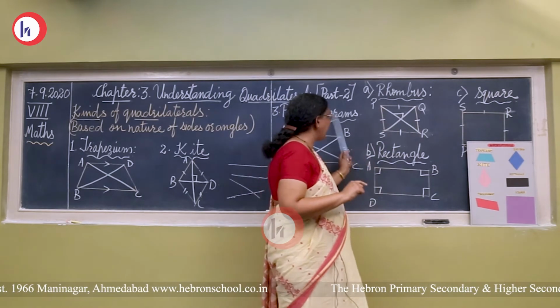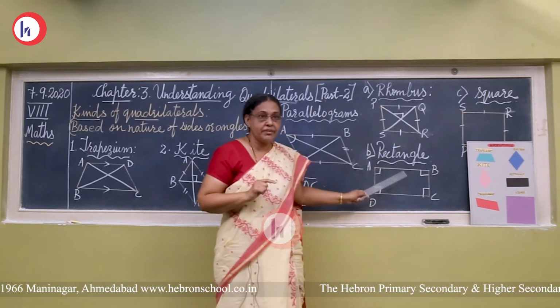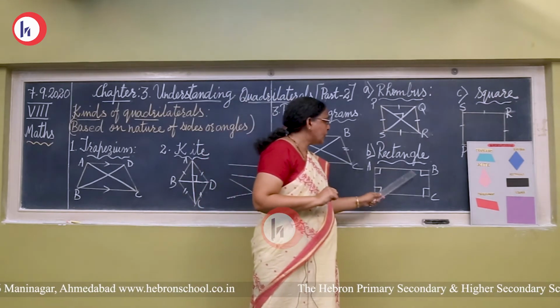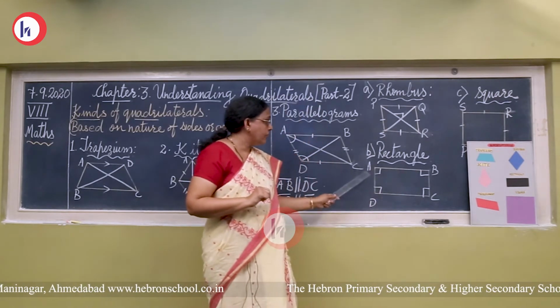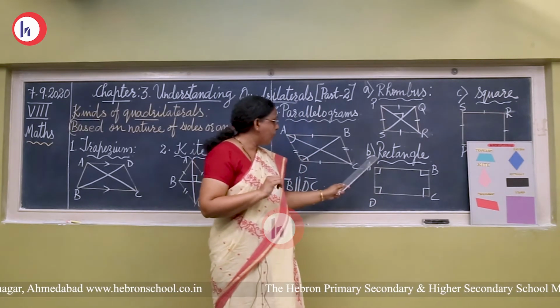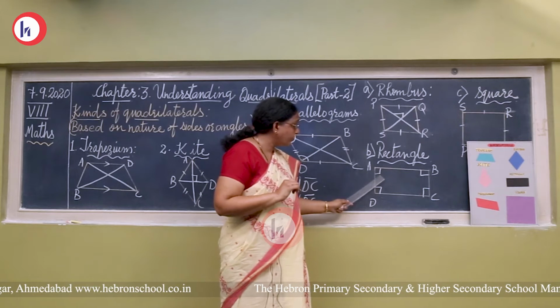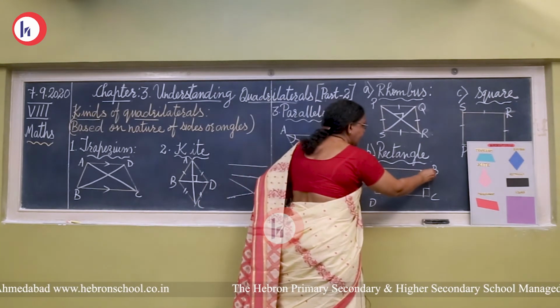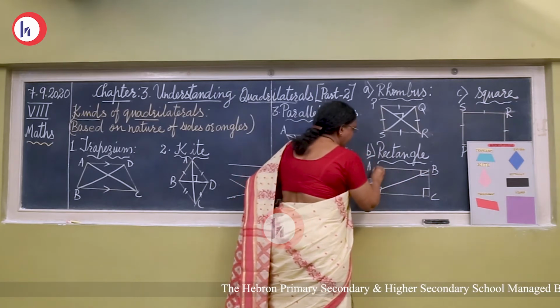Now, another parallelogram is the rectangle. You are very familiar with rectangles. In a rectangle, two pairs of sides are always parallel, all the angles are right angles, and the diagonals bisect each other.